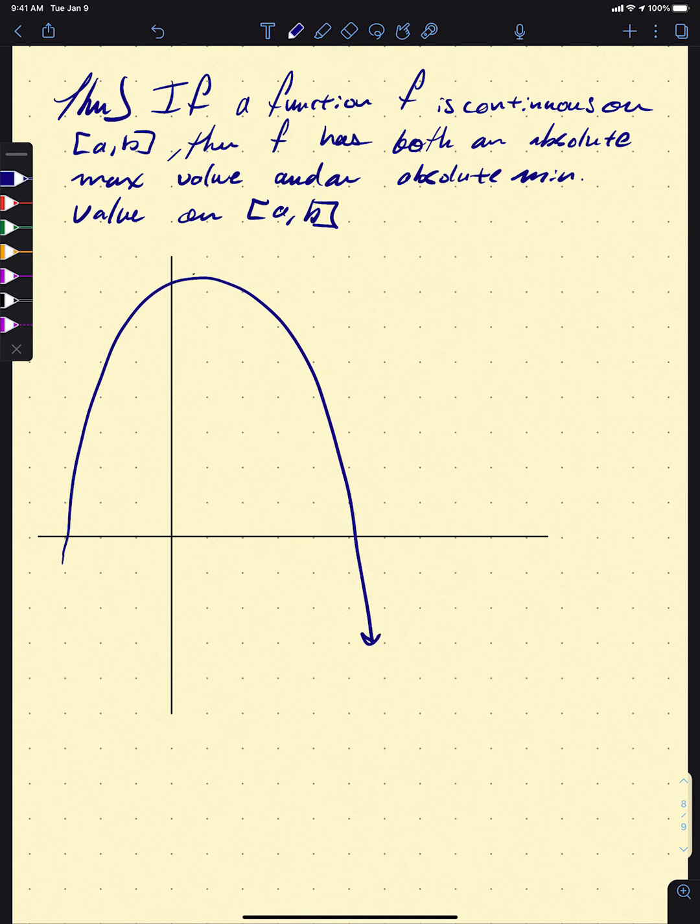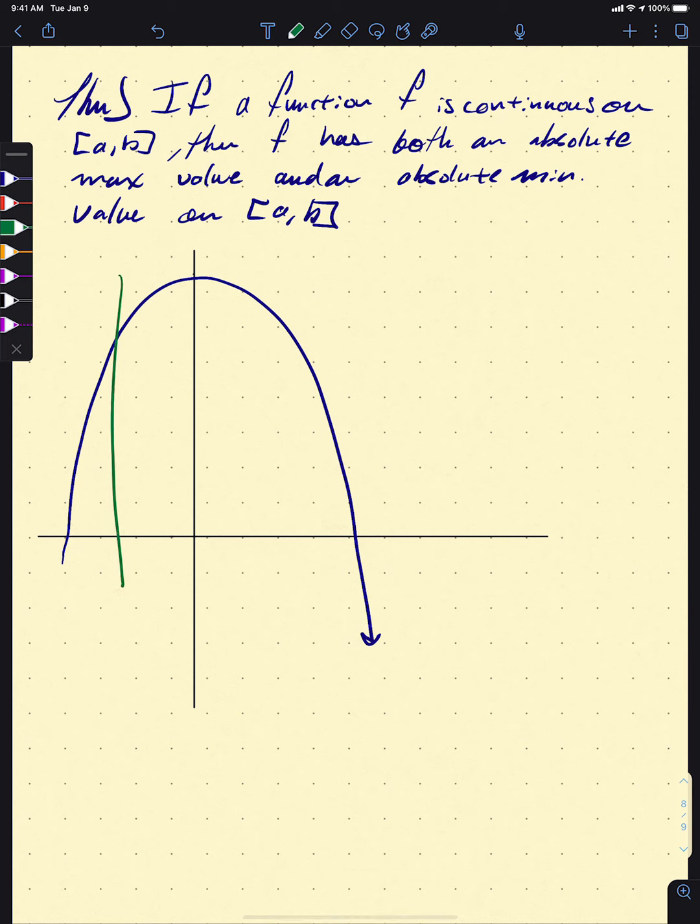I'll move that so that it's centered. If we were to choose this portion and we're looking for the absolute max, it happens here at the local extrema. But if we were to choose this interval, it happens at the edge, right here.